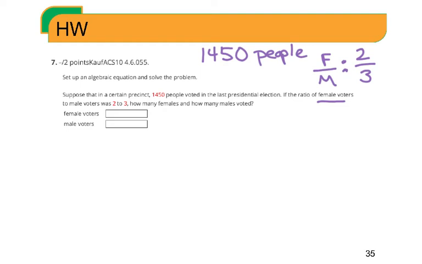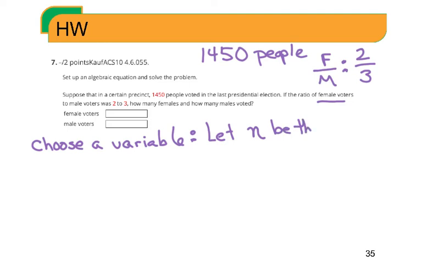Okay. So what do we want to know? How many female voters there are and how many male voters there are. Well, we have to choose a variable. Since we're talking about numbers of people, I'm going to let N be the number of female voters.